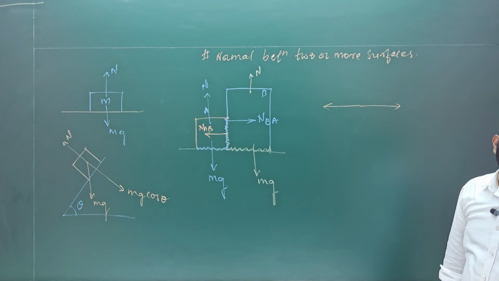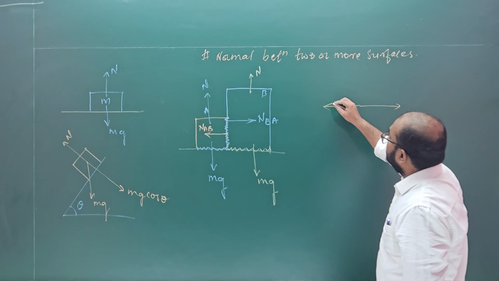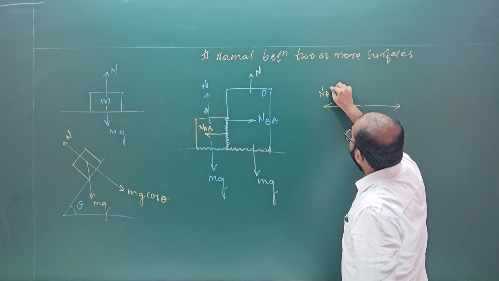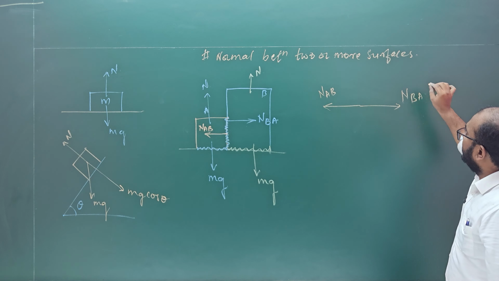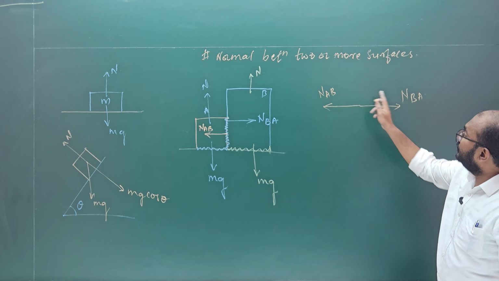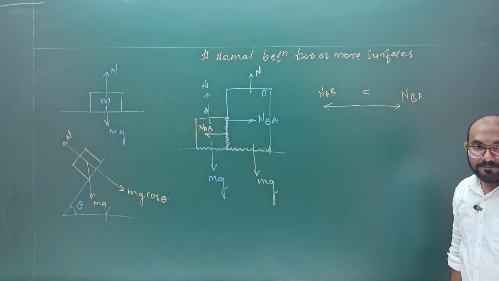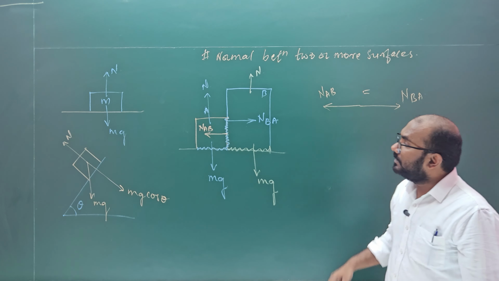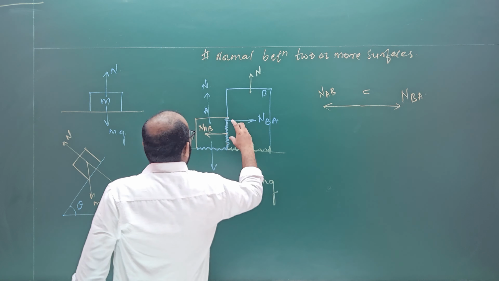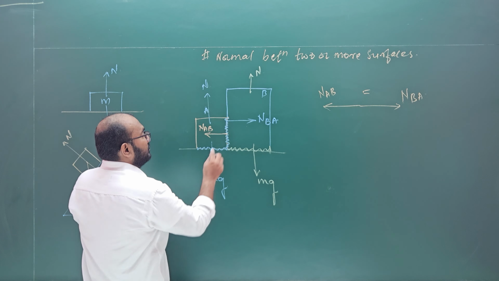As we all know, normal has an action-reaction pair. So this is the normal on body A because of B and this is the normal on B due to A. These two will have equal values. So what we are going to learn in this topic is normal between the contact surfaces, and we are only going to deal with this portion.